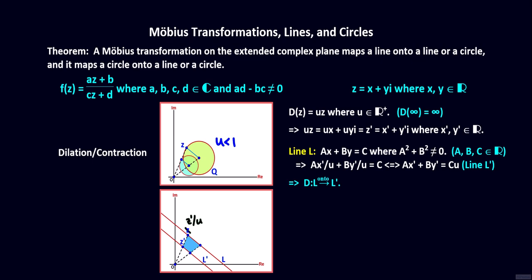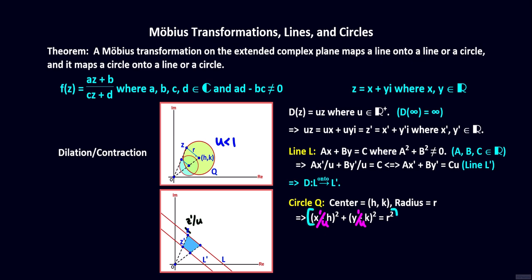Let us now examine what the mapping D does to a circle. We take circle Q, whose center is at (h, k) and whose radius is r. If z is on circle Q, then it satisfies the equation (x minus h) squared plus (y minus k) squared equals r squared. x and y are equal to x prime over u and y prime over u respectively.